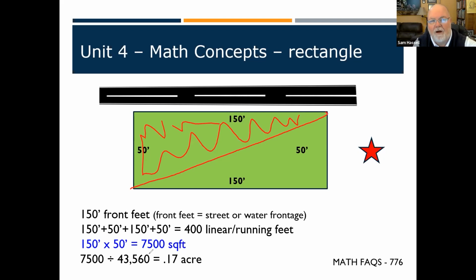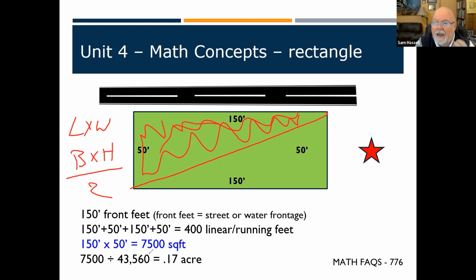So in order to find all of it, I would do length times width or base times height. It's the same thing. And then if I just wanted that triangle, I'm going to divide it by 2, right? I have 2 triangles. And that works with every single triangle. Base times height divided by 2. And that's going to give you the square footage in each side of that triangle.